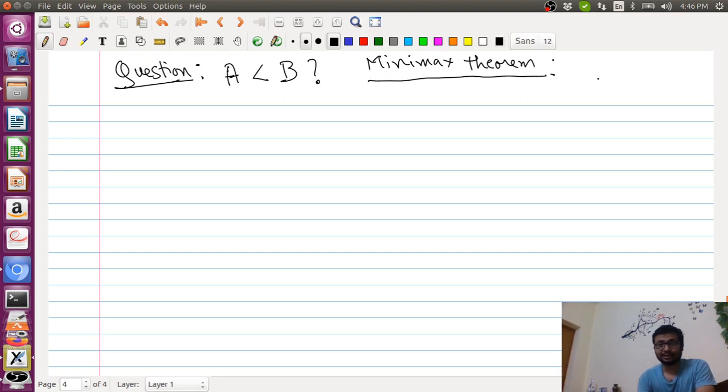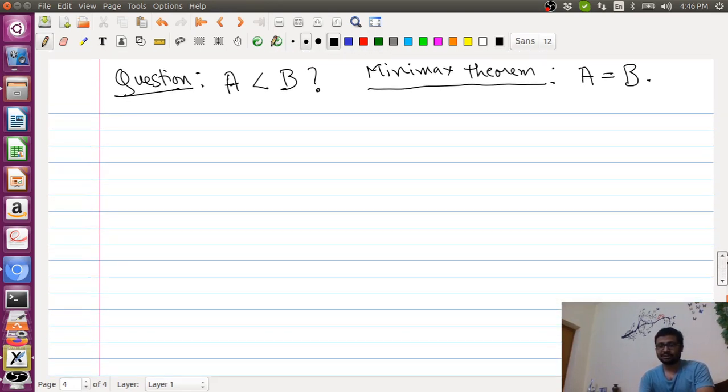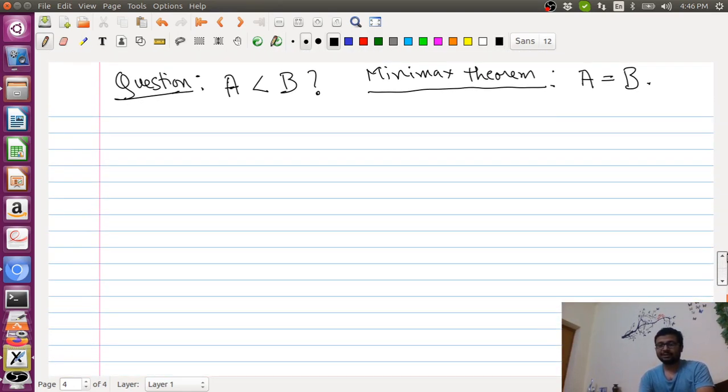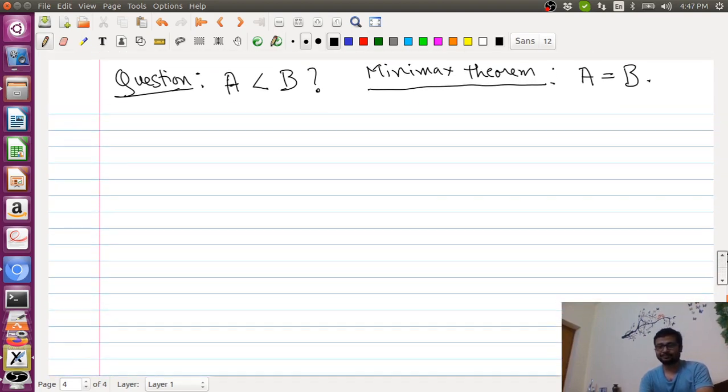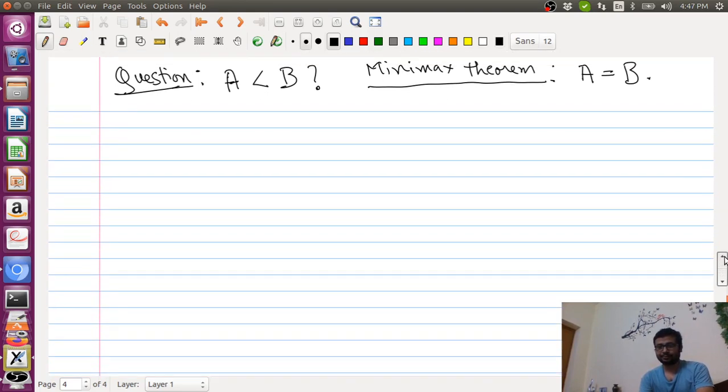That asserts that the answer to this question is no, and A is always equal to B. So in other words, it does not matter which party goes first. If they play optimally, the payoff of both the players at the end is going to be the same in both cases.